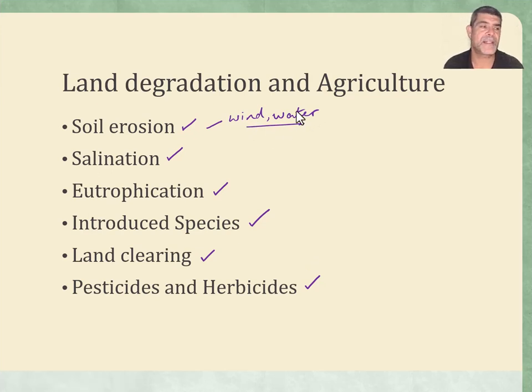We need to think about some of the ways that we might be able to prevent this, or at least reduce this from happening. Land clearing is going to create some challenges for us, but what we want to try and do is, A, not leave soil fallow for long periods of time. Some of the crop rotations can help to enrich the soils without necessarily using lots of fertilizers on them. Reduction in stocking rates.